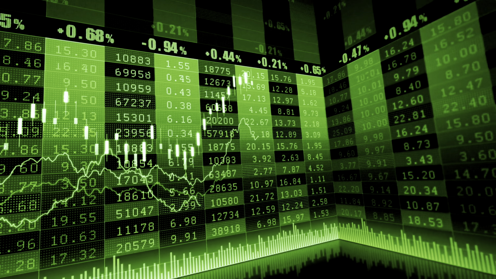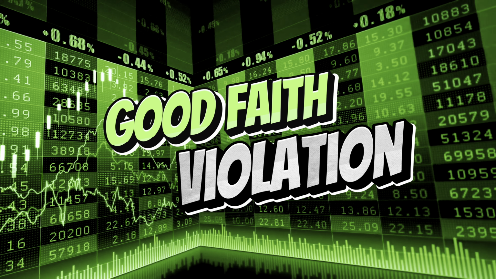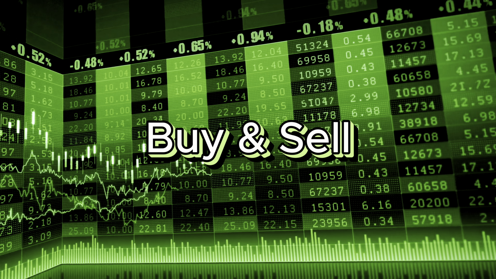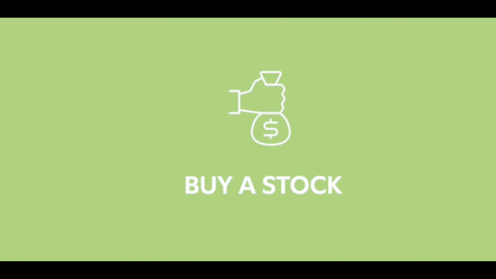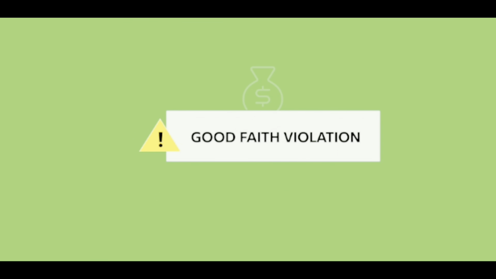Another aspect of day trading with Fidelity to watch out for is the good faith violation policy. A good faith violation is when you buy and sell a security before the funds are settled. The previous trade must be paid for before you sell with the new purchase.